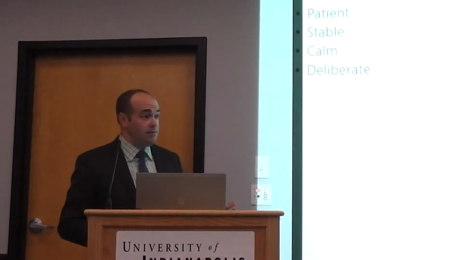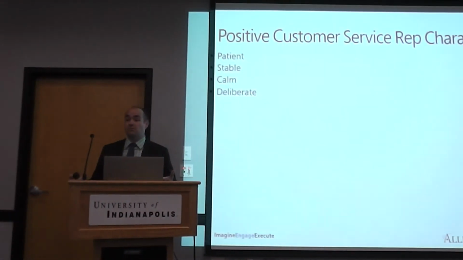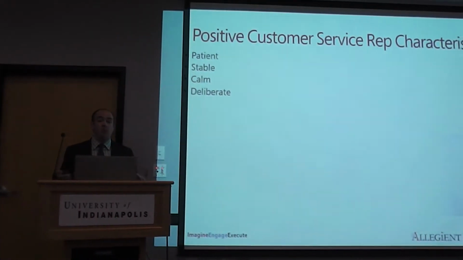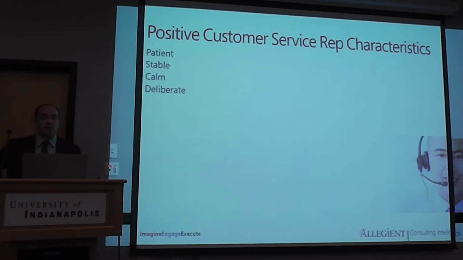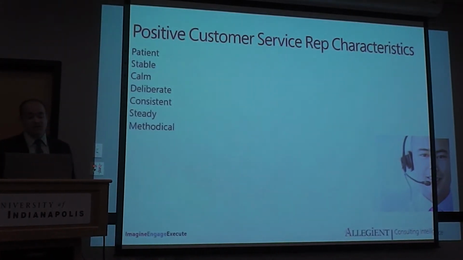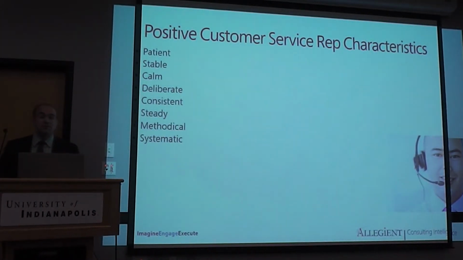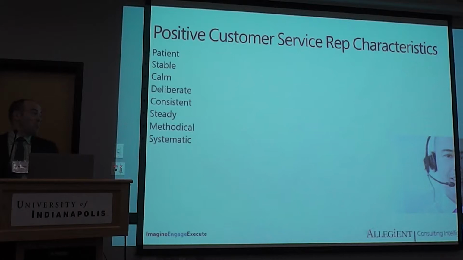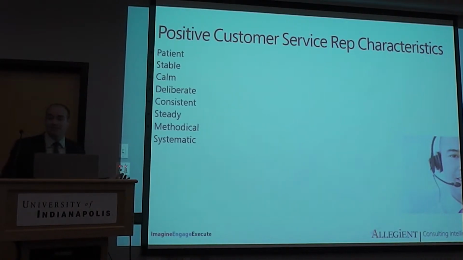So a lot of patience. That's pretty different than a sales rep. Stable, calm, deliberate. Their goal is to solve your problem. So they have to be calm and deliberate to meet that goal. Consistent, steady, methodical, systematic. Sounds completely different than a sales rep so far.